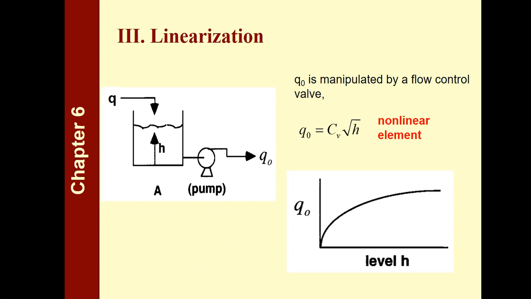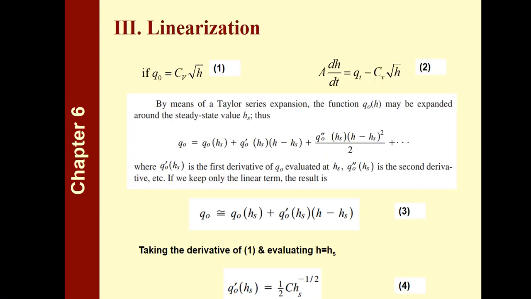And that's the thing that we're going to do now. We have to remember that this is our relationship for the head and the volumetric flow rate out of our tank.